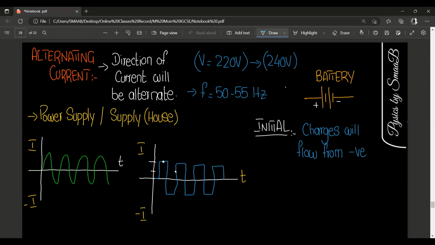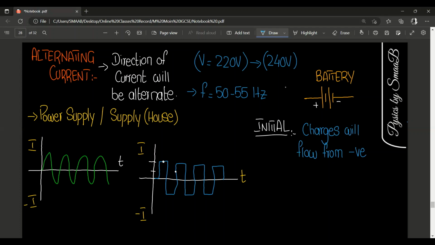Is it true? No. After some experiments and the discovery of other experiments and laws, scientists finally concluded that current will flow from the positive end, right? Because protons are fixed in the nucleus, protons have high potential, while electrons are free to move, so they have low potential. When we discuss EMF and potential, you will get the difference of what potential is.